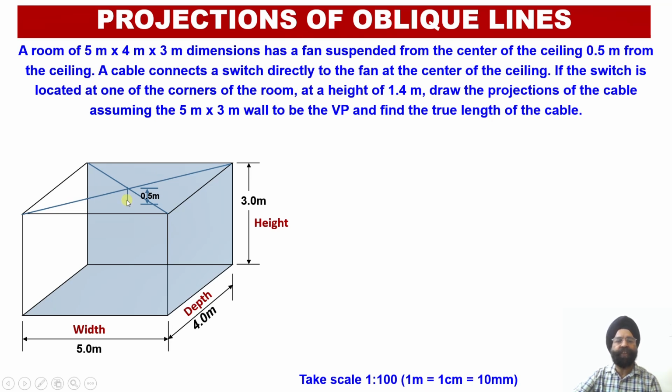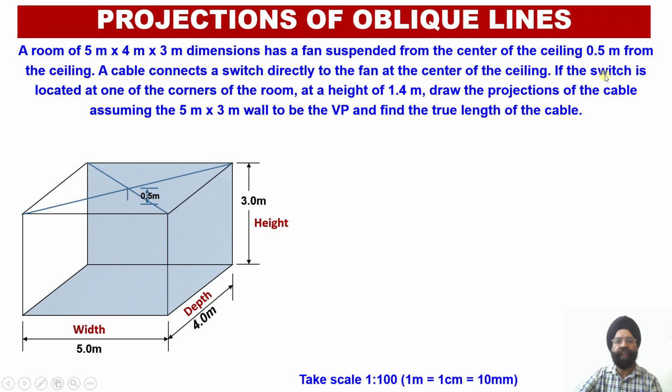And once we have installed the fan over here, this fan is connected to a switch which is located in one of the corners of this particular room, and this switch is located at a height of 1.4 meter from the floor. So this is the location of the switch.